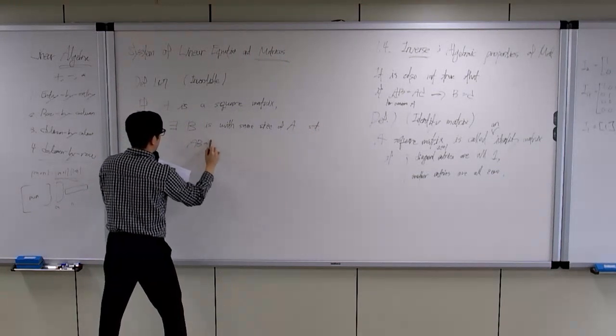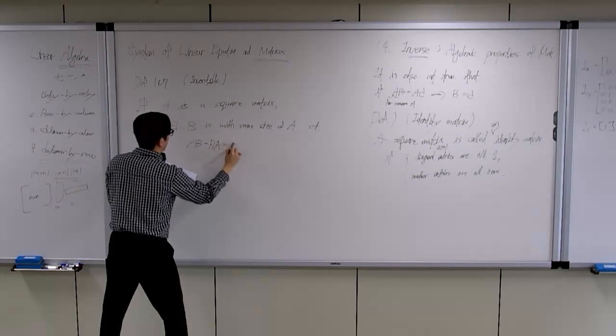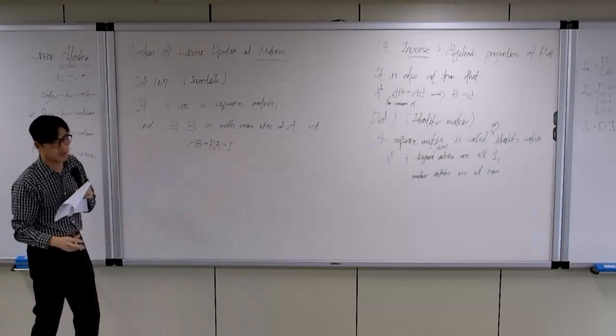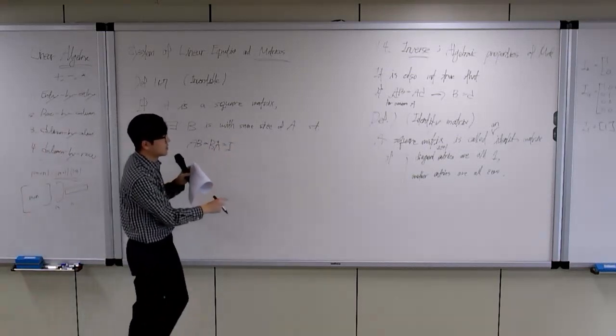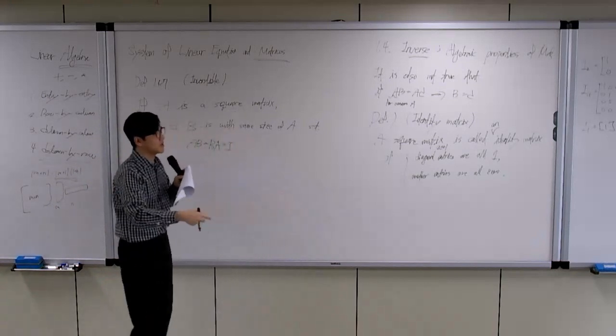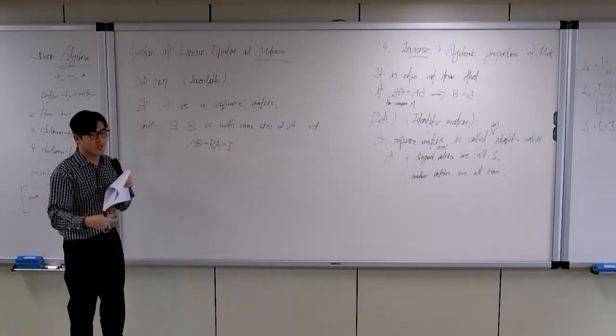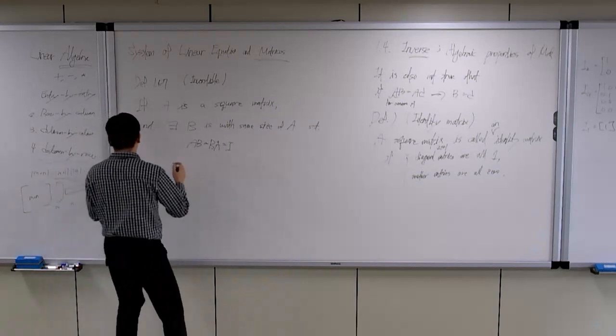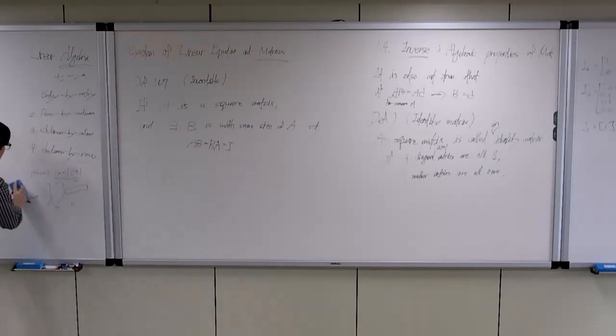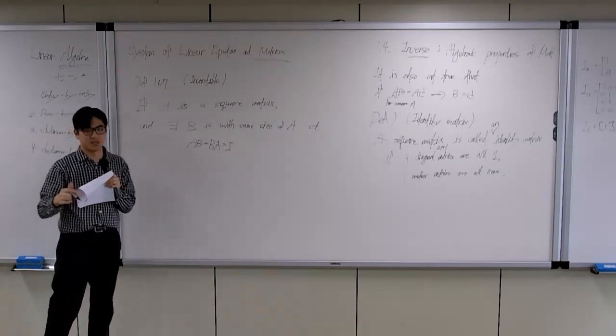AB equals BA equals the identity, because we want to correspond to the scalar sense. So in the scalar sense, invertible means does not zero.